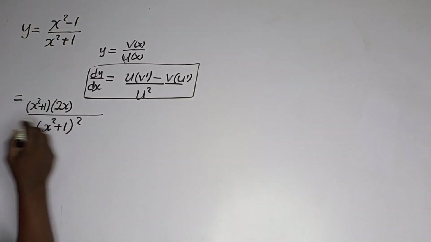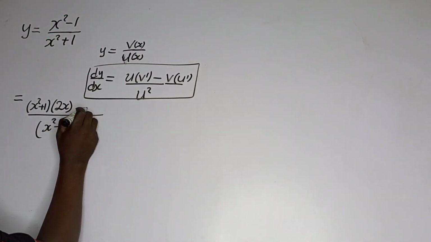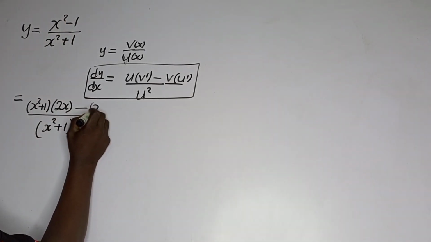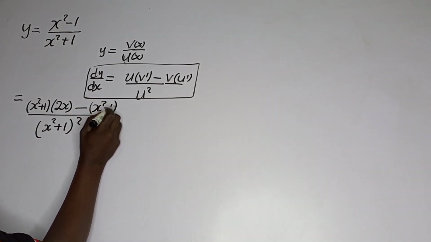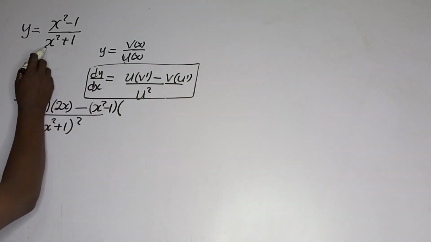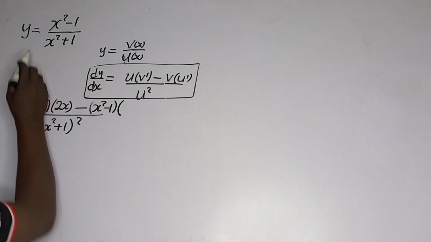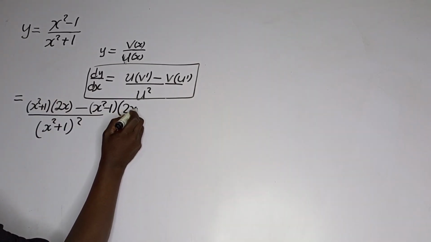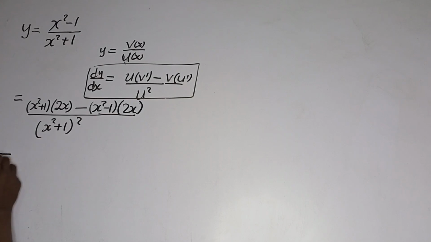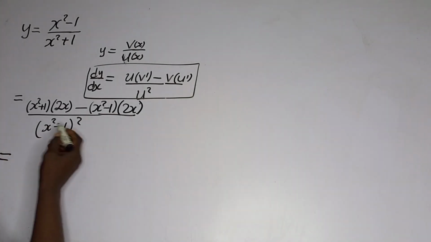Differentiating x squared is 2x. Then minus, now what we had up there was x squared minus 1 into the derivative of what we have at the denominator. So we differentiate this, we differentiate that. When we differentiate x squared, we have 2x. And when we differentiate 1, it is 0. Okay? So now we simplify our expression.